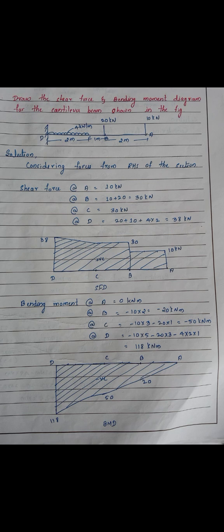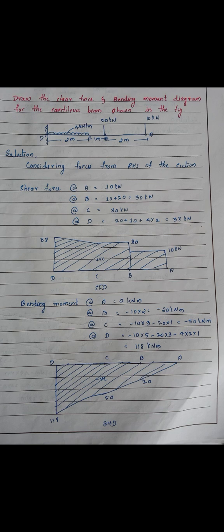In the same way, when we come to the shear force at D, there will be three loads, that is a 20 kilonewton point load, a 10 kilonewton point load, and a UDL of 4 kilonewton per meter. So the total point loads are 20 plus 10 and another one is the UDL.